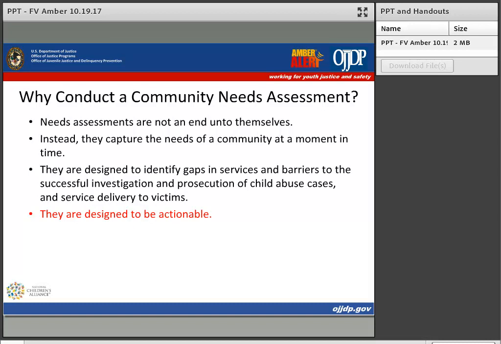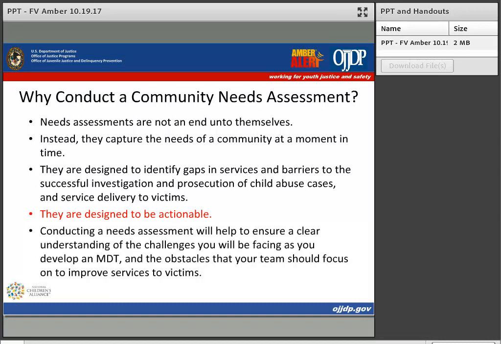And an assessment has to be actionable. We could all create an assessment outcome that says we need more money, we need more resources, and we can't do anything till we get those. And that assessment's of no use to us. We have to have an actionable assessment so that we can move forward with serving these communities.